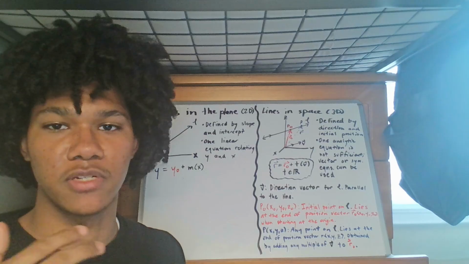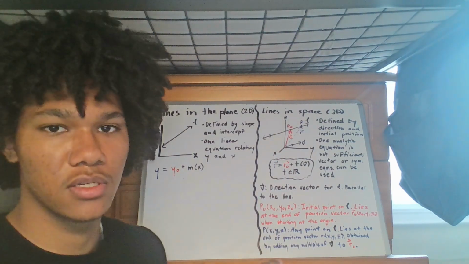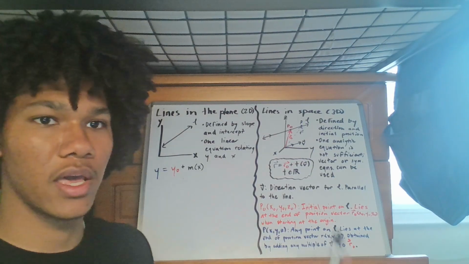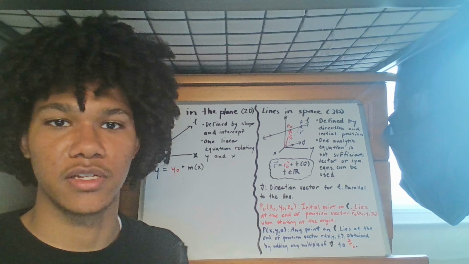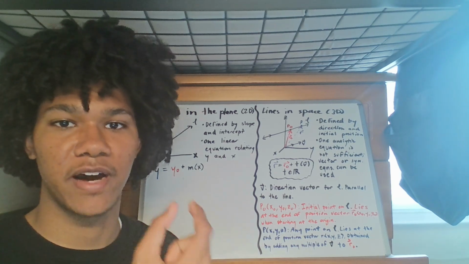Next, we need something to represent our position, and that's going to be this red line, which I'll denote by vector r sub 0. I want to first introduce what we call a position vector. A position vector is essentially a point in space defined by a vector.